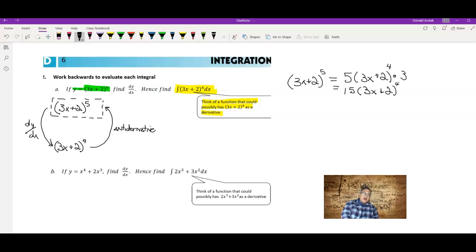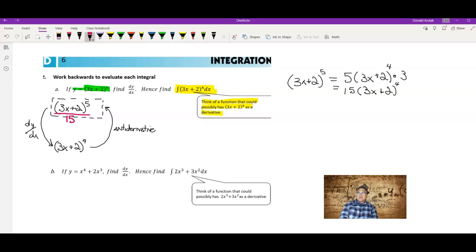All right, but I want it to be (3x + 2)^4, not 15 times (3x + 2)^4. So if I took this original here and I put it over 15, now when I do its derivative, the 15s will cancel and I'll end up with my integrand.